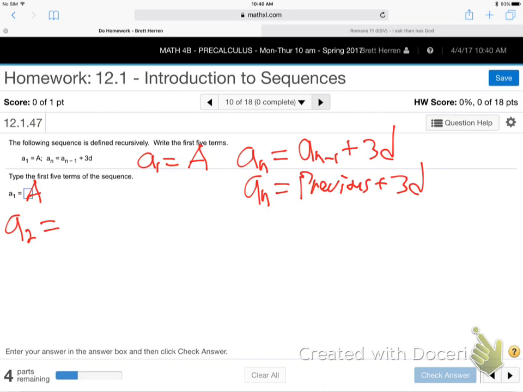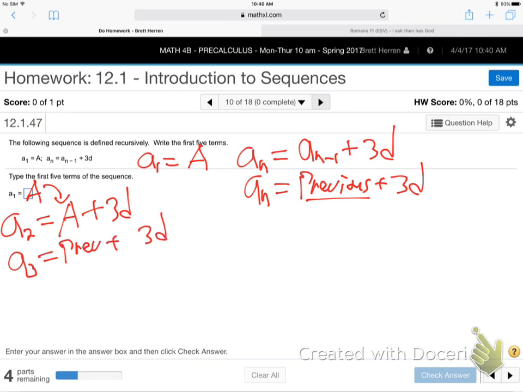So A sub 2 would be previous, so that'd be capital A, the previous one, plus 3D. Just like that. So, okay, what's A sub 3 then? Let me just write it. It's previous plus 3D. So it's previous, this whole thing, A plus 3D plus another 3D, which is A plus 6D.